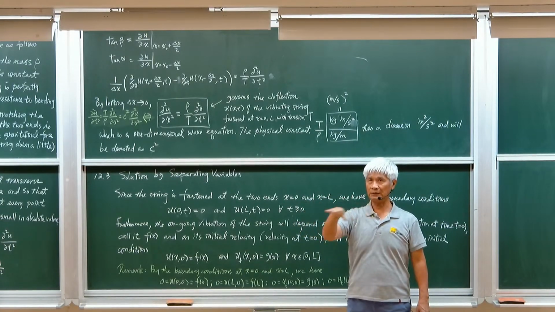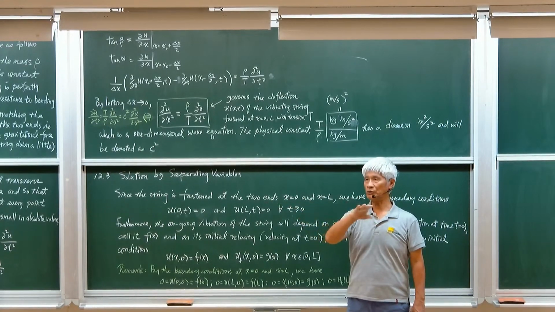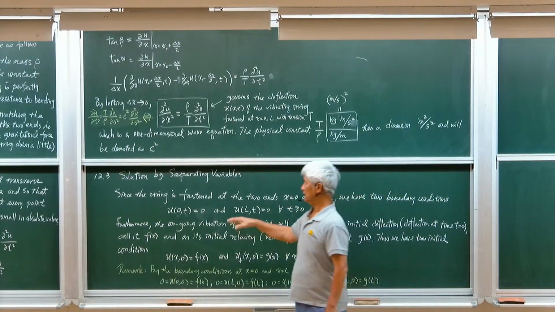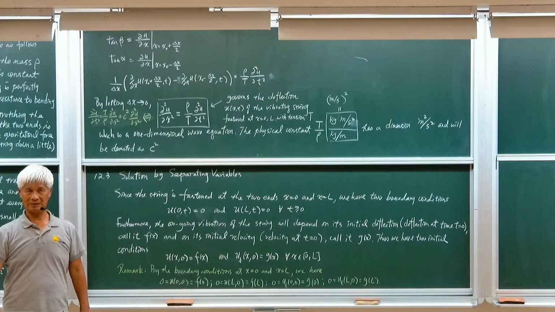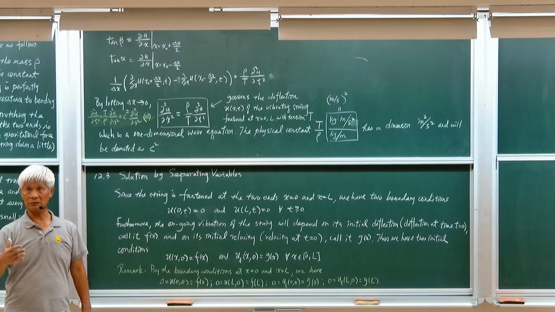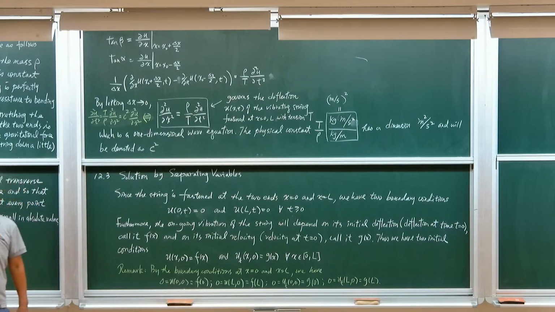And this is causal, right? This is the dynamics, which follows the mechanics, the Newton's laws of motion. So in the physical world, you should have one and only one solution.